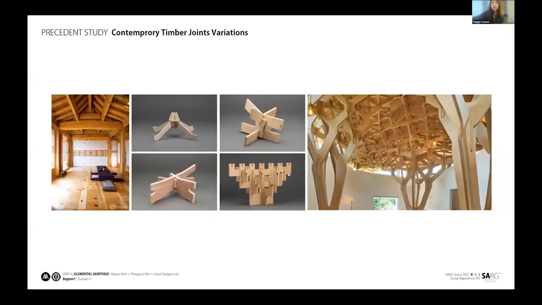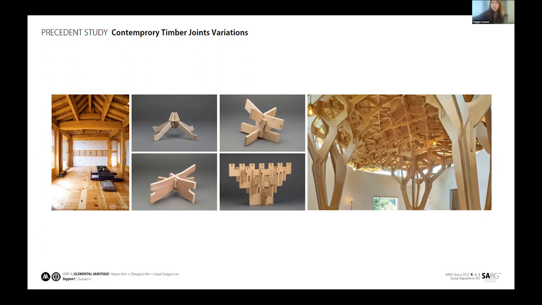I found there are tenon and mortise structures developed from Asian architecture to more contemporary architecture. And it shows the ability that individual elements can join together in a certain manner to achieve stronger resistance and greater continuity. So I'm trying to explore how the volumes change in those joints.